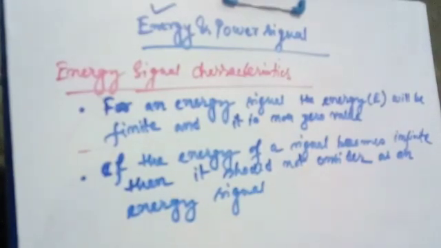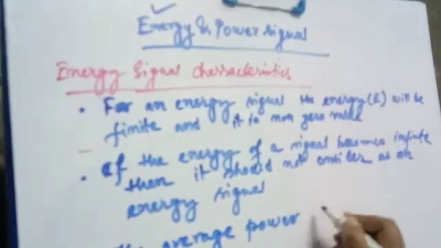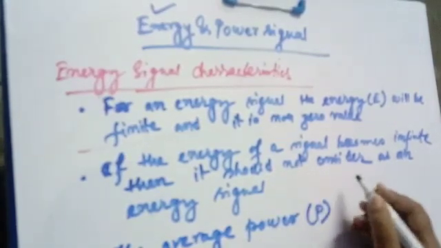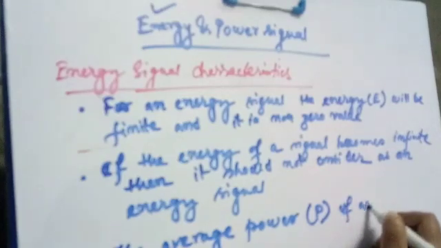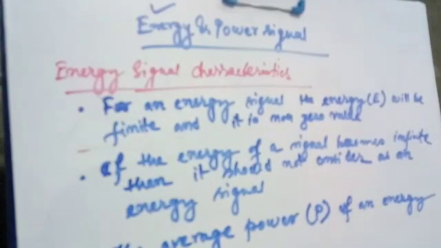And third, the average power P of an energy signal is 0. So these three characteristics will be observed for our energy signal.